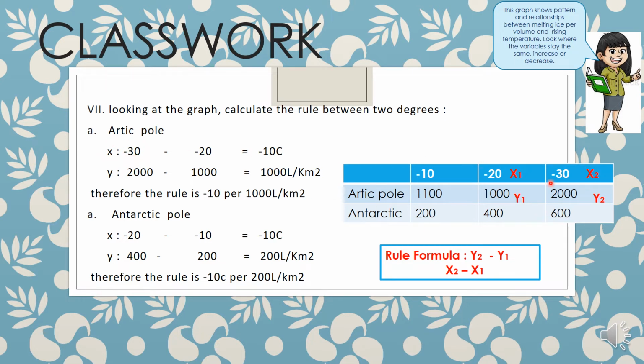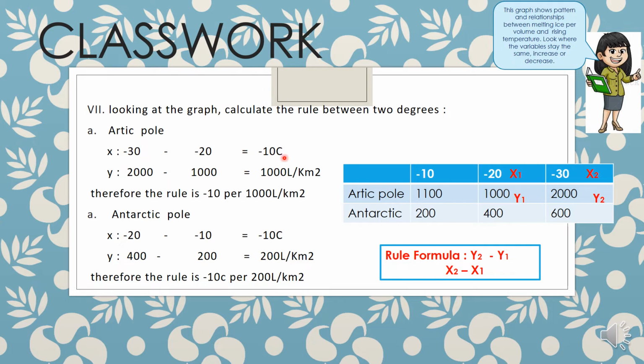X, this is the first x, this is the second x, but there's a formula where you take the second x minus the first x. That's just how it goes when finding the rule using table graphs. So you're going to say negative 30 minus negative 20 equals what?